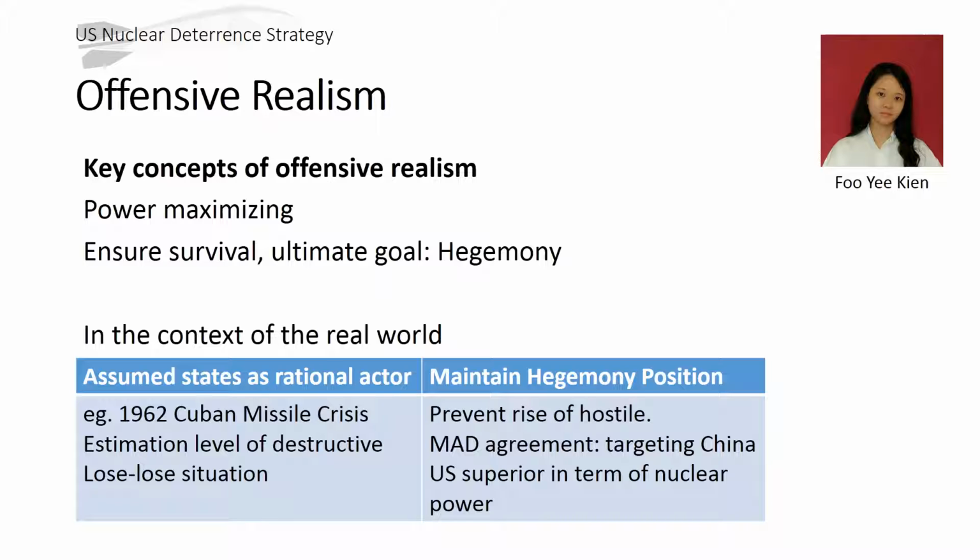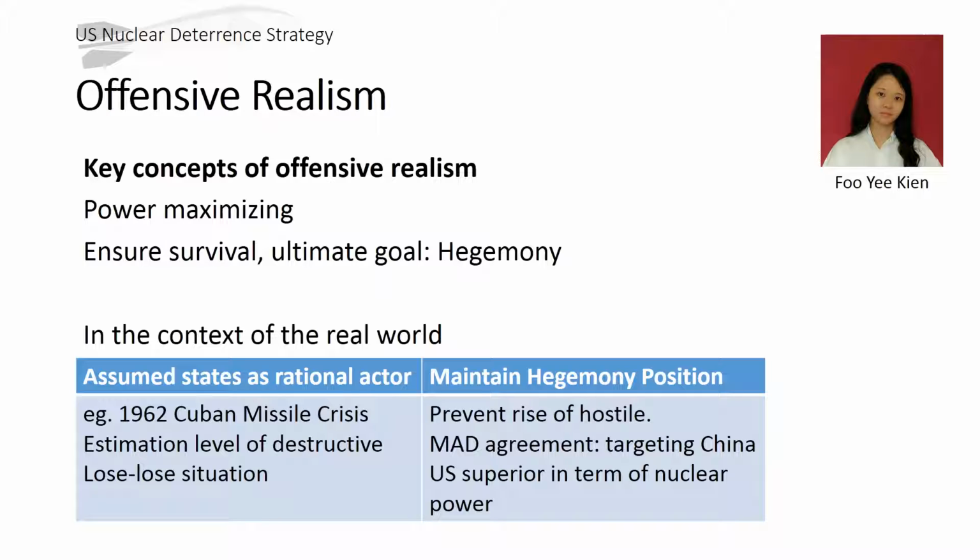Adoption of nuclear deterrence strategy prevents the outbreak of war effectively, because every decision is made after calculations of risks, loss, and gains. The destructive power of nuclear weapons is beyond the capability of human beings. The best example is the 1962 Cuban Missile Crisis.